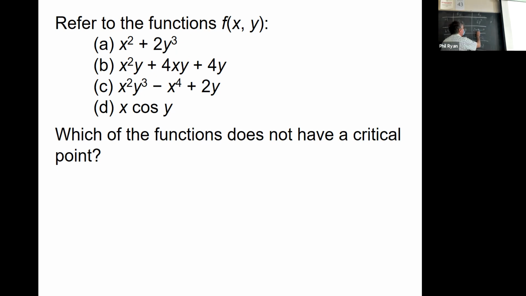Well, that's x plus 2 squared. When does x plus 2 squared equal 0? When x equals -2. And if x equals -2, what do we get? Then we get -4y plus 4y. Oh, that's 0. Okay, so this one has a critical point.